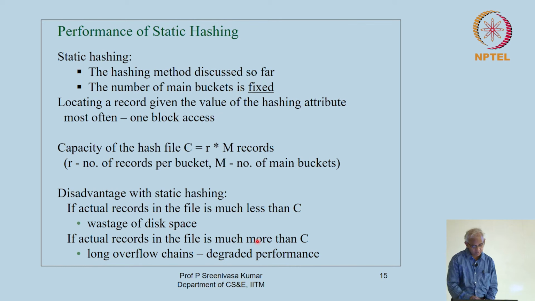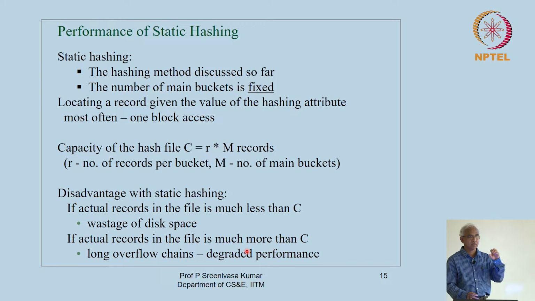If the actual number of records is much more than C, then obviously the overflow chains will become longer, because you are hashing a lot more records into the structure than it was designed for.